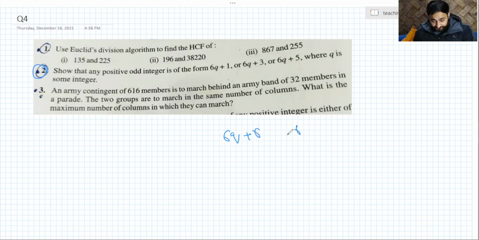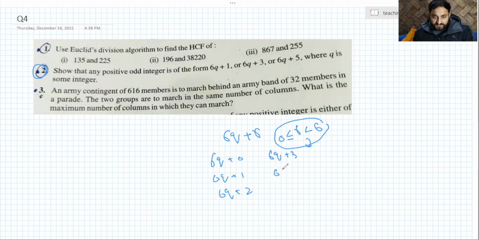Okay, r should be greater than or equal to 0 and always less than 6. These are the necessary equations: 6q plus 0, 6q plus 1, 6q plus 2, 6q plus 3, 6q plus 4, 6q plus 5.